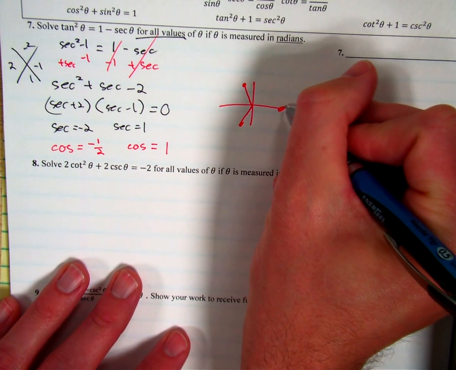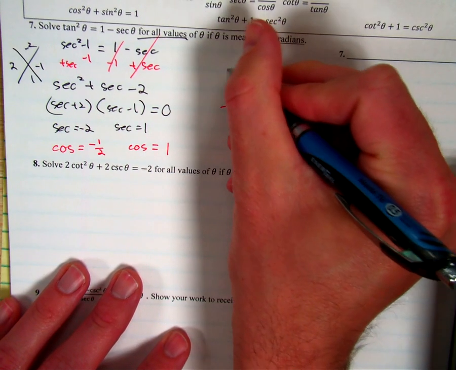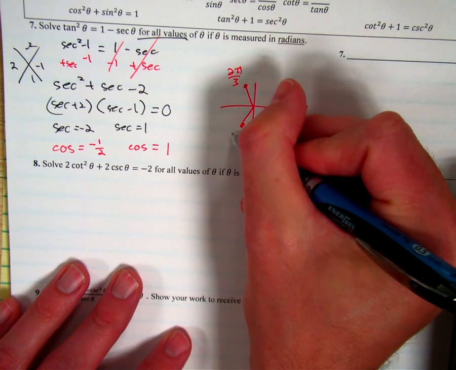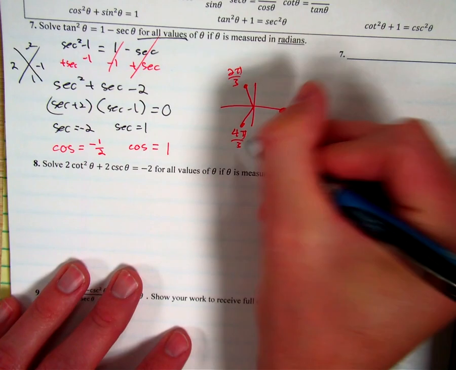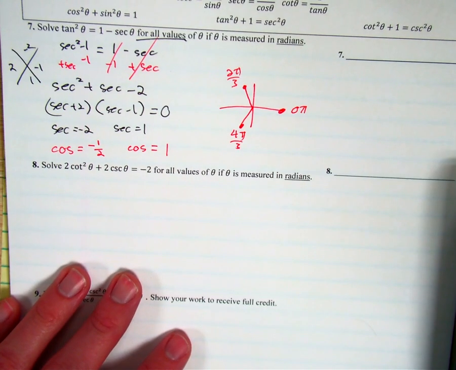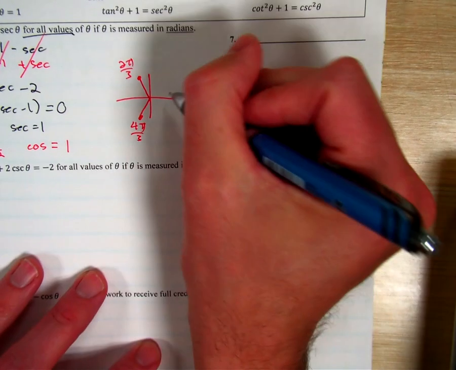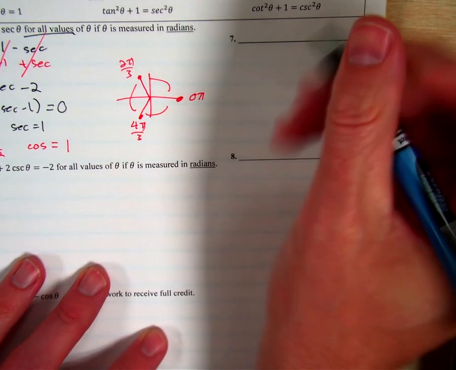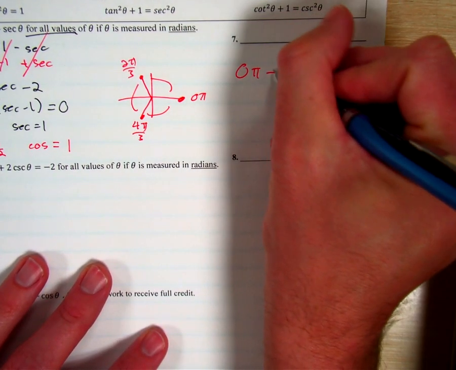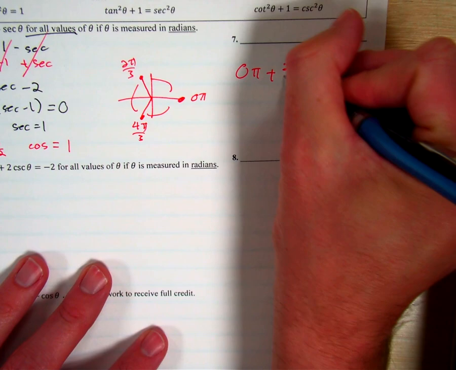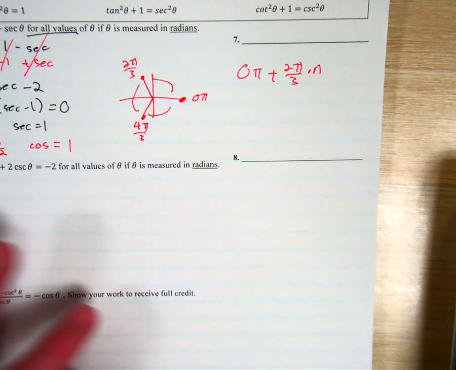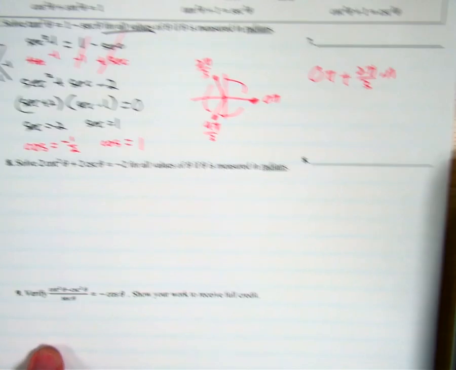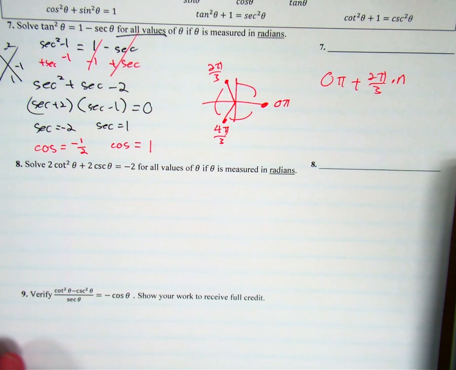And these are actually 0 pi, 2 pi over 3, 4 pi over 3. Those are 2 pi over 3 apart. So we can do one thing. We can do 0 pi plus 2 pi over 3 times n.